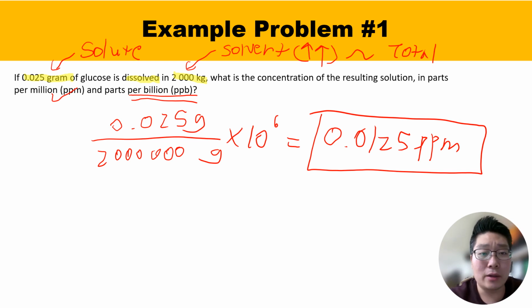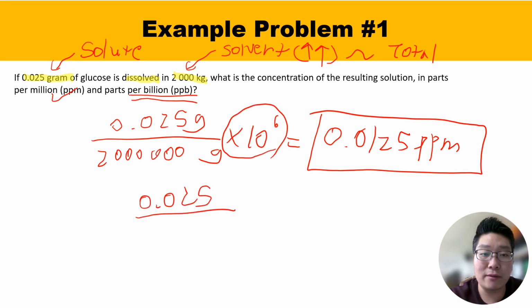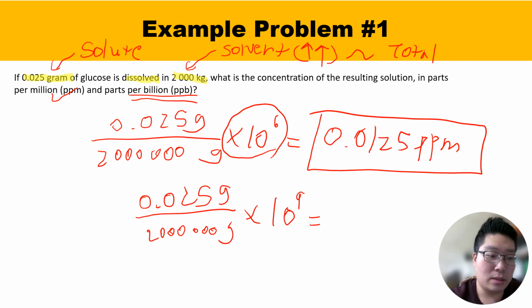Million and billion, what's the difference? As I mentioned in the previous one, you do the same thing. 0.025 gram over 2 million gram in this case. Only thing is, instead of 10 to the power of 6, you add 3 more zeros, so that's 10 to the power of 9. Which means you will have 12.5 parts per billion.